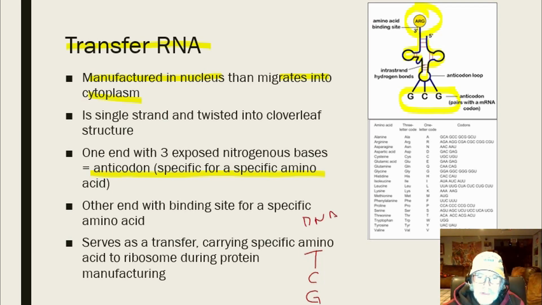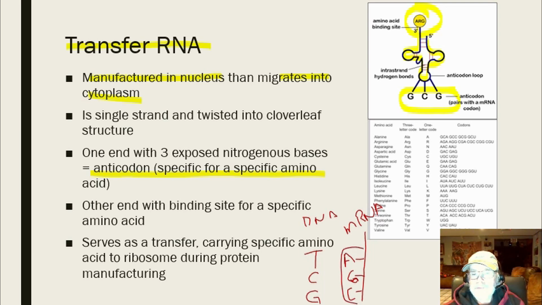My messenger RNA came by, looked at the DNA that was exposed because it unzips, okay? See, thymine, cytosine, guanine. What the messenger RNA is going to make is going to be adenine, guanine, cytosine. And this right here is called the codon.